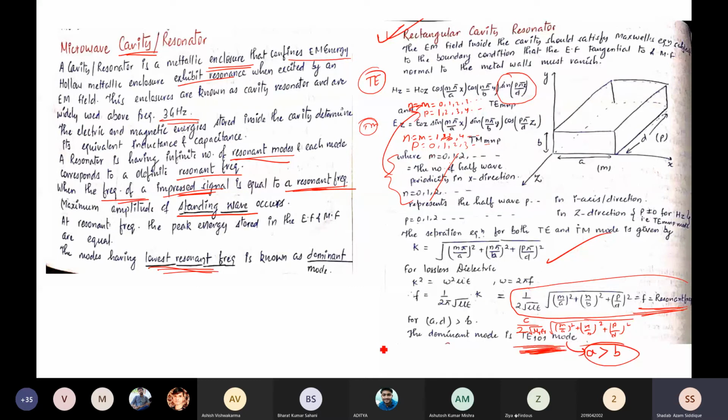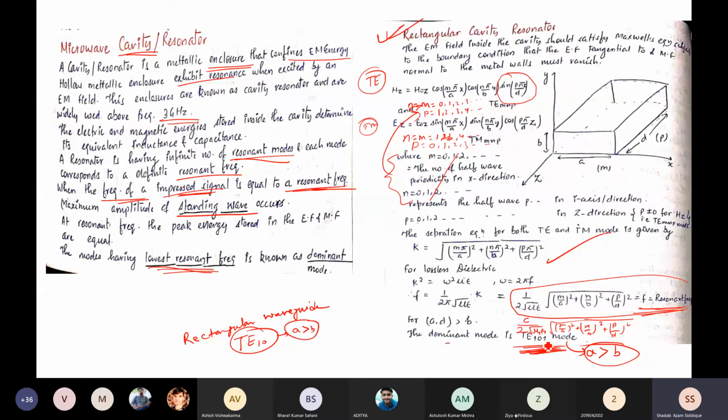Like this, we have seen for the rectangular waveguide, and this is for the rectangular cavity resonator. For the rectangular waveguide, the dominant mode was TE10, subject to the condition that a should be greater than b. Here also TE10 will be there, but the p index is by default 1, because for TE, p starts from 1, so its minimum value is 1.